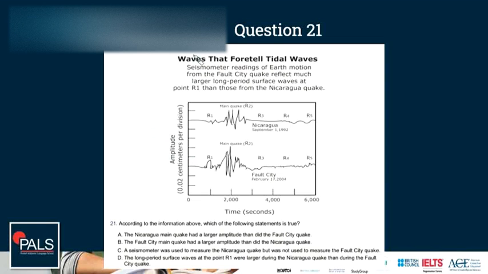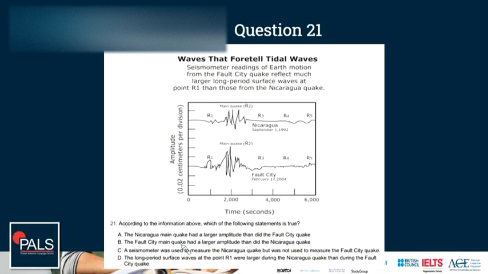Question 21 and 22 refer to this graph below. Waves that foretell tidal waves. Seismometer readings of Earth motion from the fault city quake reflect much larger long-period surface waves at point R1 than those from the Nicaragua quake. According to the information above, which of the following statements is true? The Nicaragua main quake had a larger amplitude than did the fault city quake.